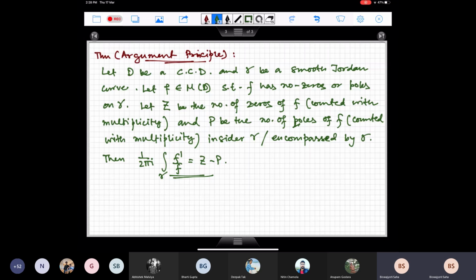Z is the number of zeros of f, and P is the number of poles of f. Then 1 upon 2 pi i times the integral of f prime upon f is equal to Z minus P. You can rewrite this as the integral over gamma equal to 2 pi i times (Z minus P).